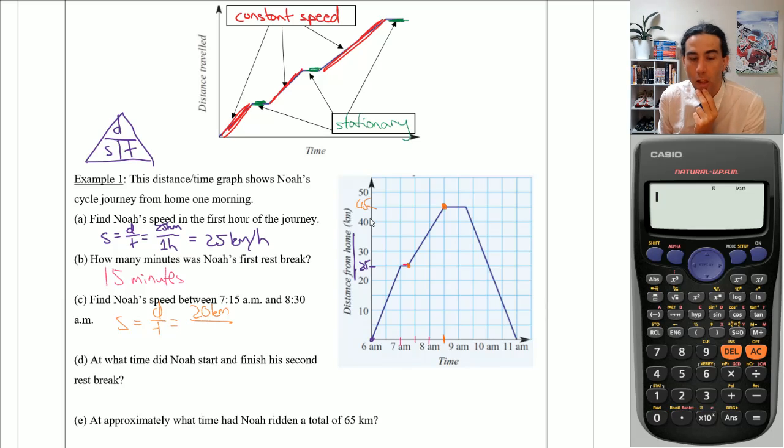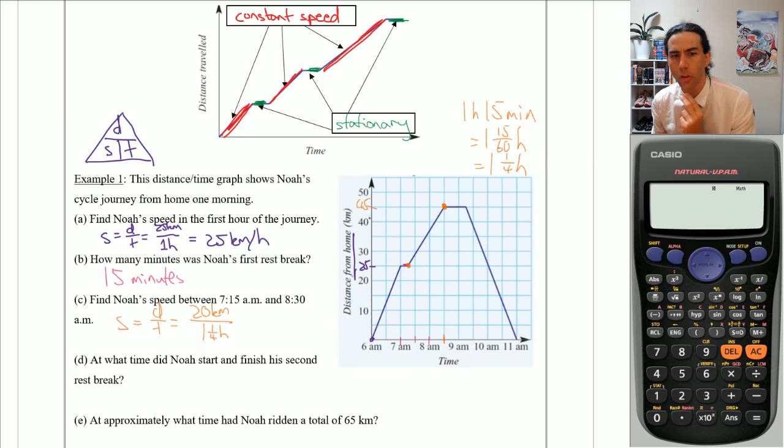Time taken from 7:15 to 8:30 is 1 hour and 15 minutes, so 1.25 hours. You could also write that as 1 hour and 15 over 60 hours, which is 1 and 1/4.